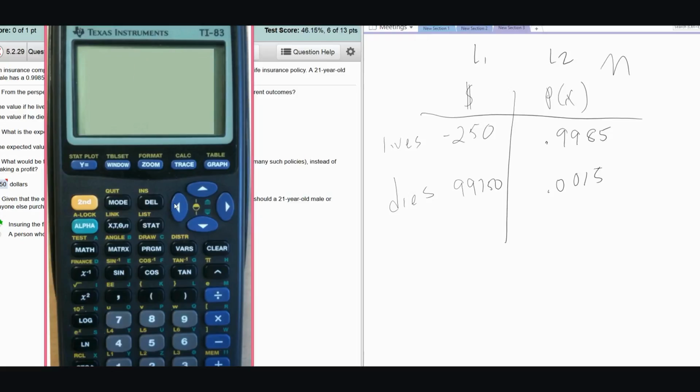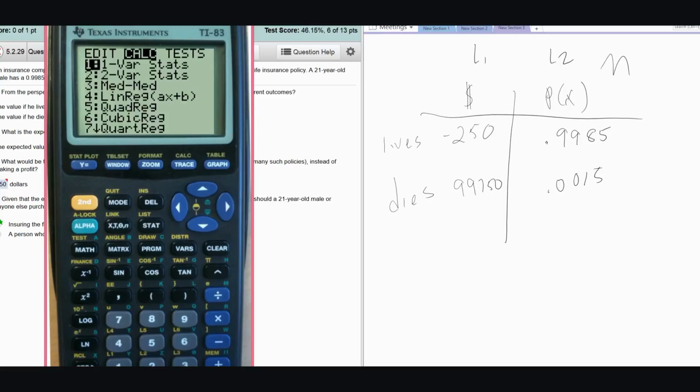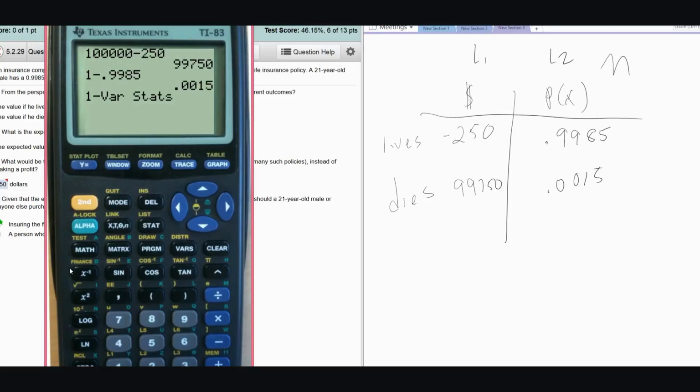Oh, you know what? It put in a minus sign instead of negative. Okay, and then 99,750. And then over here we're going to put 0.9985 and 0.0015. Okay, so now we're going to do stat. Remember, we want one variable stats, and then we need to put in the L1, comma, L2. Okay, and the mean will be our expected value.